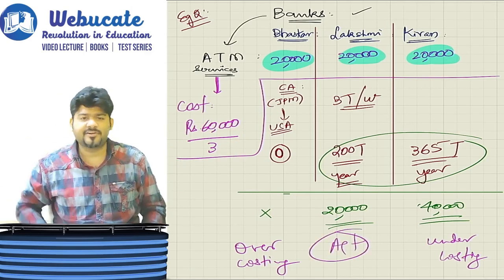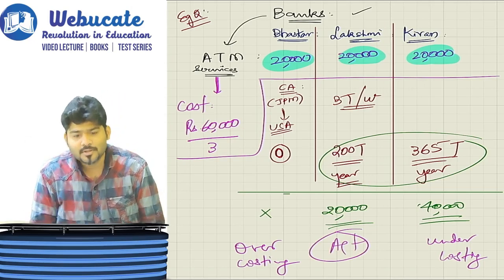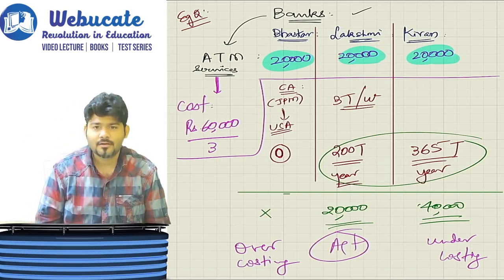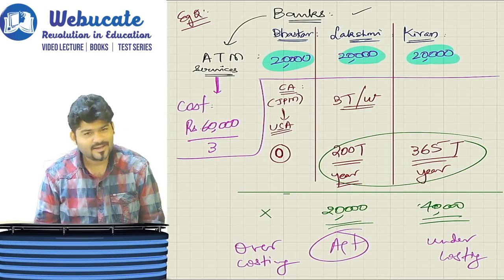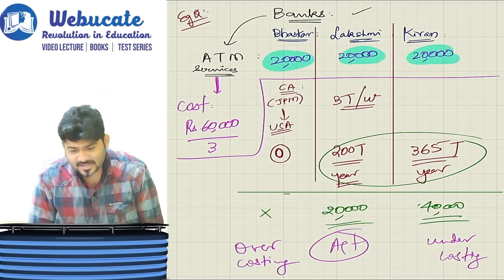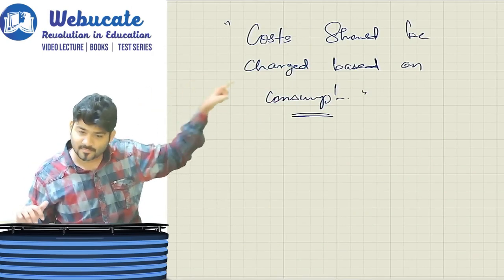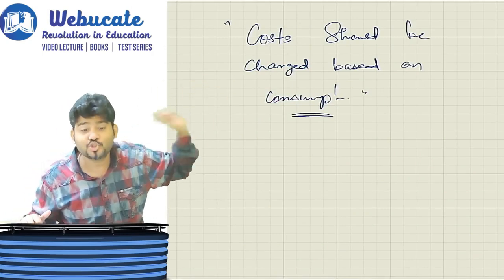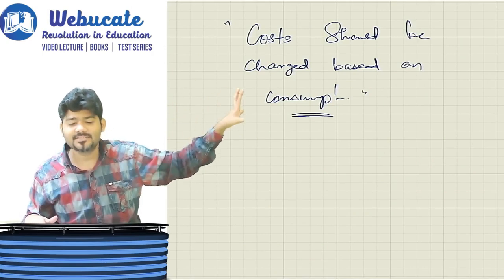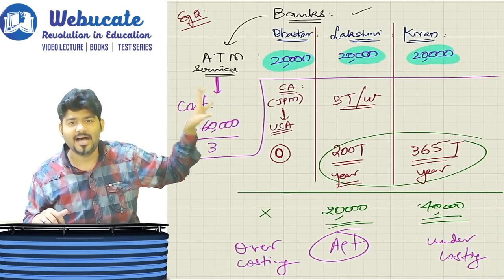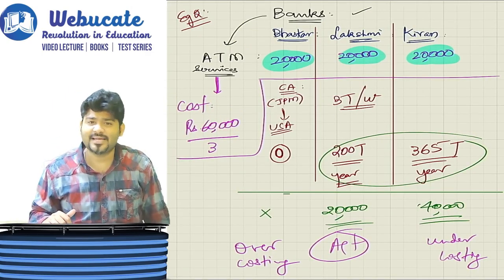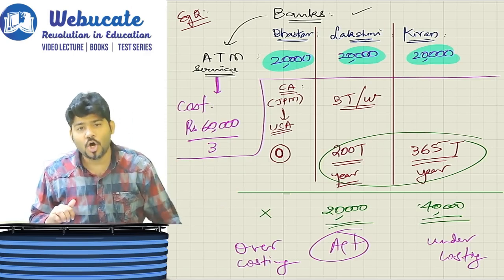She's using it one third of the times and she's paying one third of the amount. But what about others? Are we understanding, guys? Can I reiterate my point that cost should be charged based on consumption? Are we understanding, ladies and gentlemen? Yes or no?